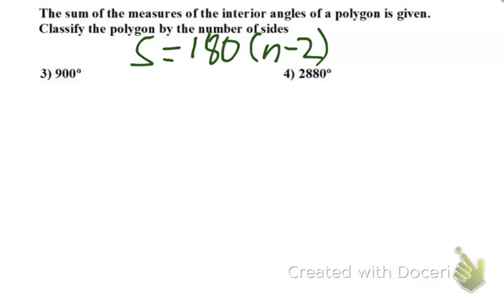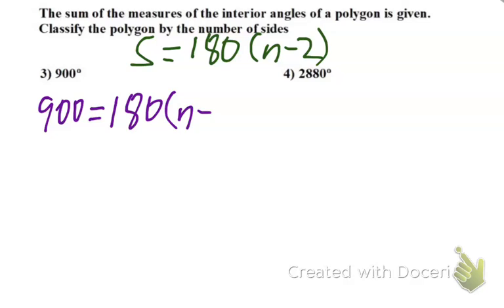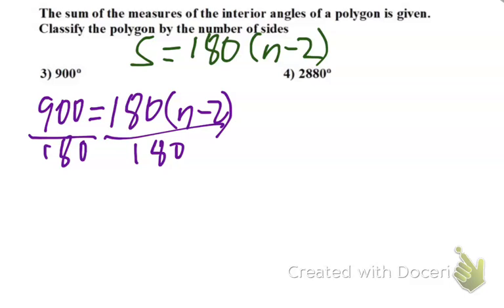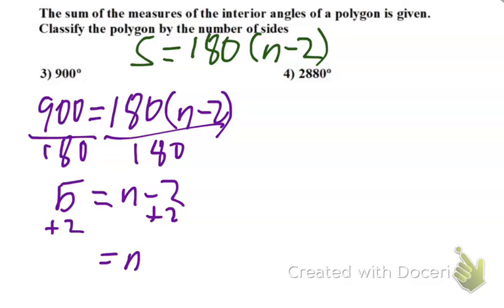We know the sum, 900, equals 180 times n minus 2. And we're just going to solve this for n. So first, we're going to divide by 180 on both sides. And so we end up with 5 equals n minus 2. So you add 2 to both sides, and we end up with n equals 7.